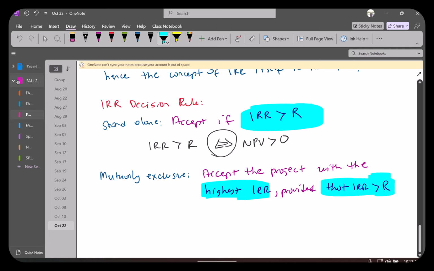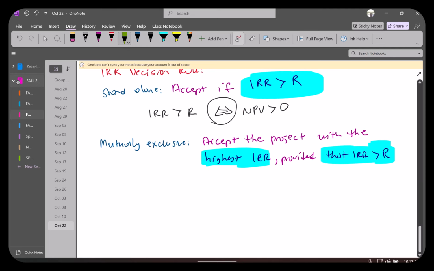We're basically saying pick the one with the highest IRR, but make sure that the one you picked was acceptable on its own to begin with. It may be better than other projects, but by itself, it may not be good enough.